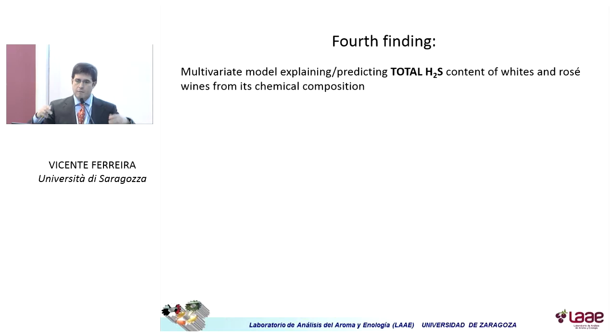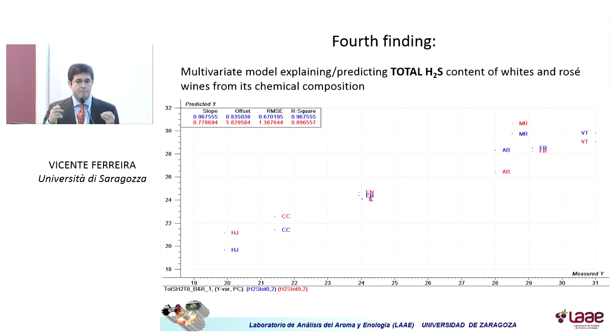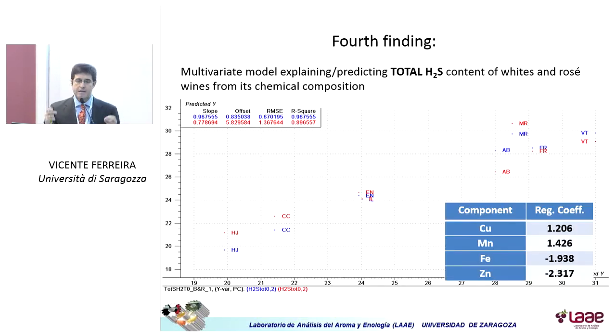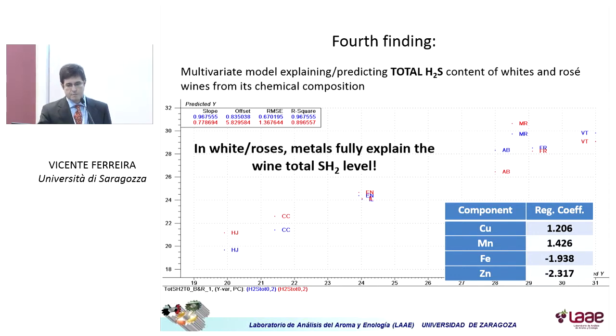We have done statistical models relating the sulfide content of wines, and surprisingly, we have found that sulfide contents of wines can be perfectly explained by metals. E continuando il lavoro di studio dei dati analitici abbiamo visto che il contenuto totale di solfuri del vino può essere perfettamente spiegato e prevedibile anche conoscendo il contenuto di metalli.